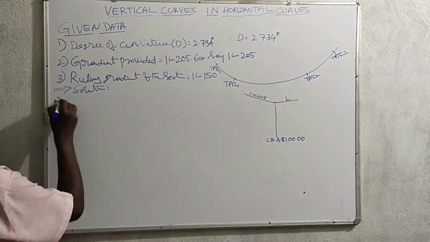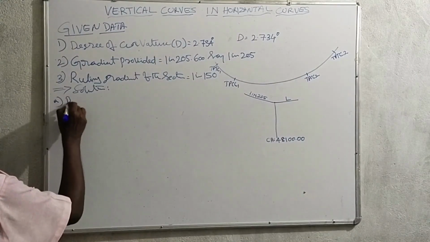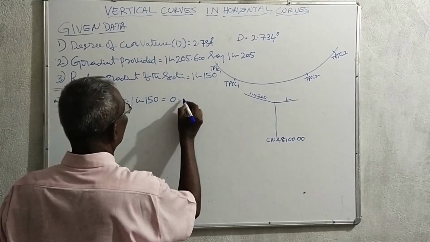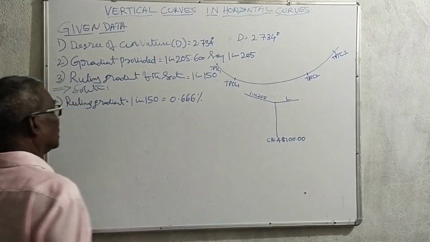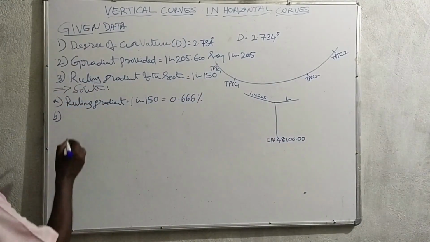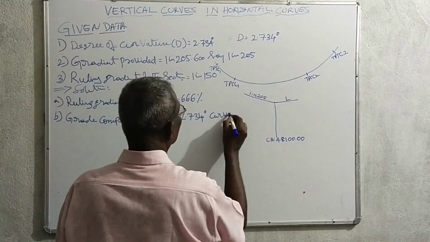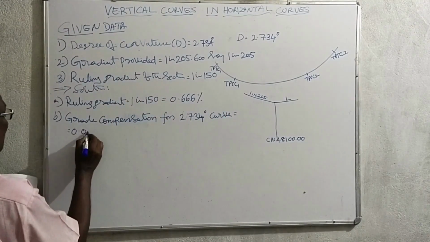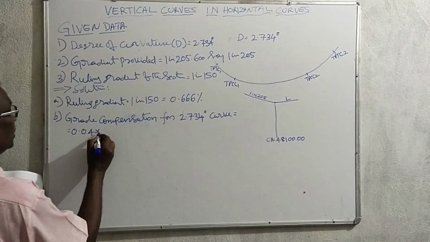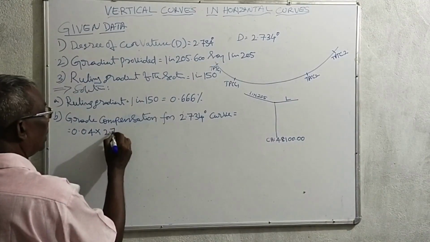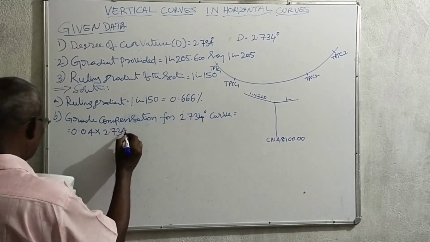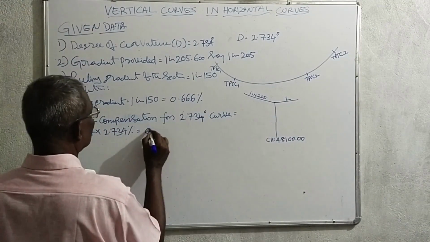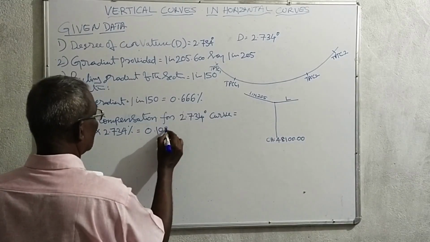We can solve it. Ruling gradient is equal to 0.666%. Next, B, grade compensation for curve is equal to 0.04 into 2.734%, that is 0.109%.